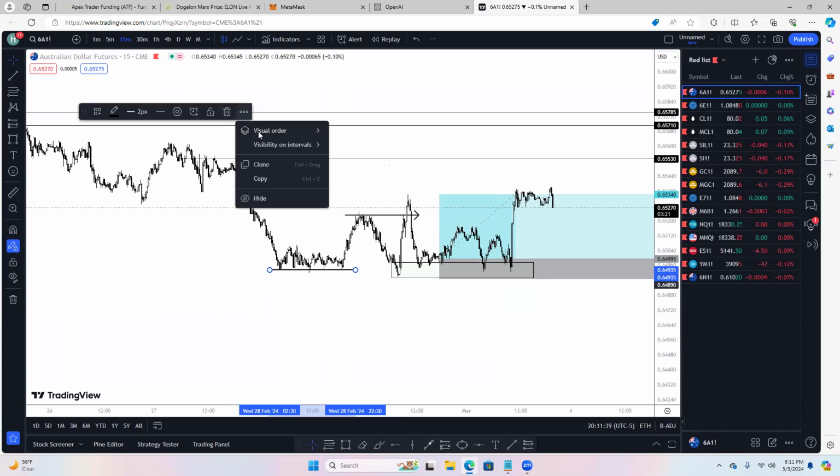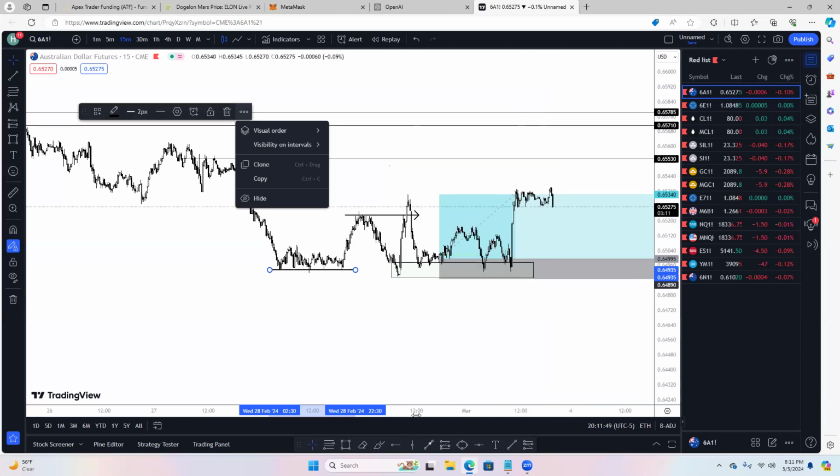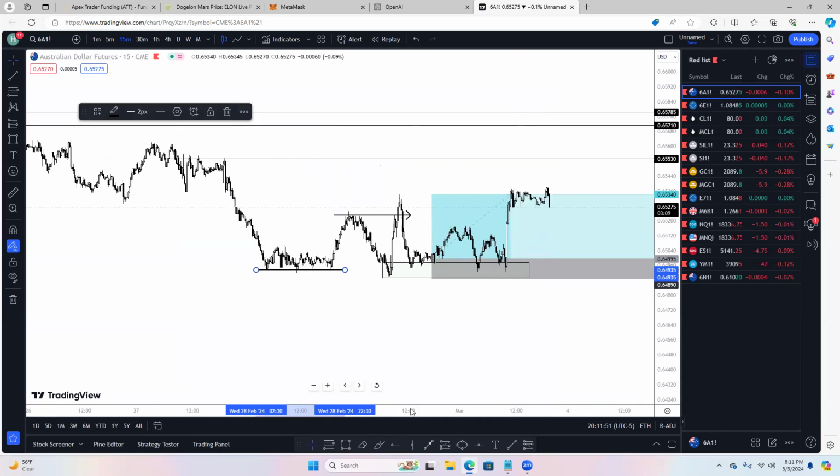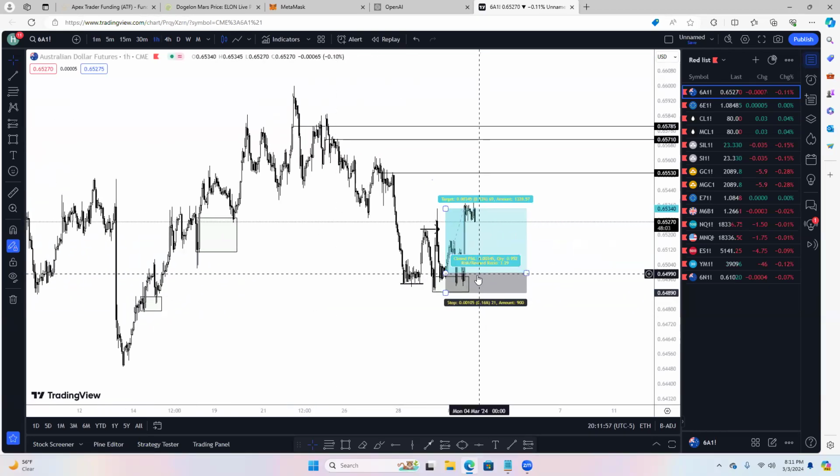These markups don't even matter, but it's good to point out for extra confluence, extra confirmation. But you see, it could come back in this area and give us another buy. Yeah, I'm expecting it to go long also. This is a nice buy entry for a buy limit.